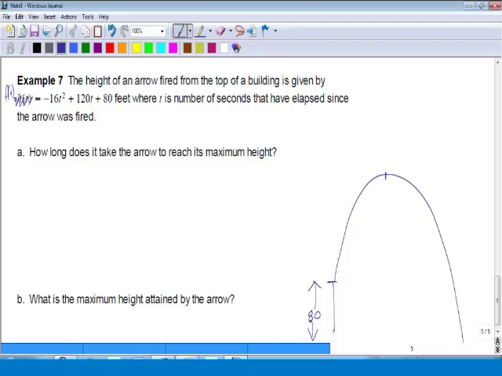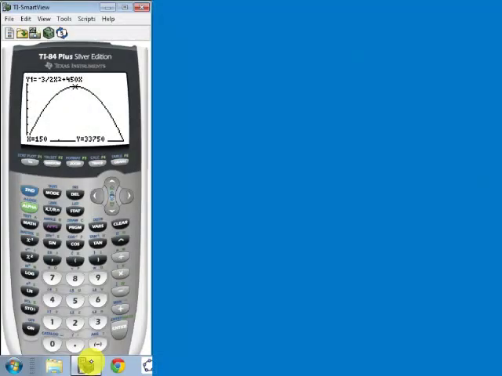So how long does it take? h equals negative b over 2a. Looks like a is negative 16 and b is 120. So negative 120 over 2 times negative 16, negative 120 over negative 32, which is 3.75.